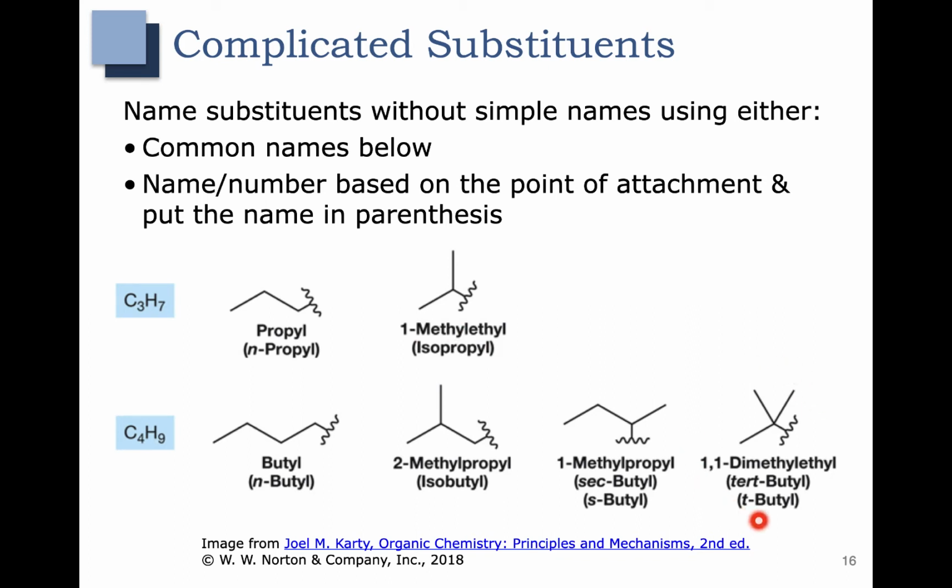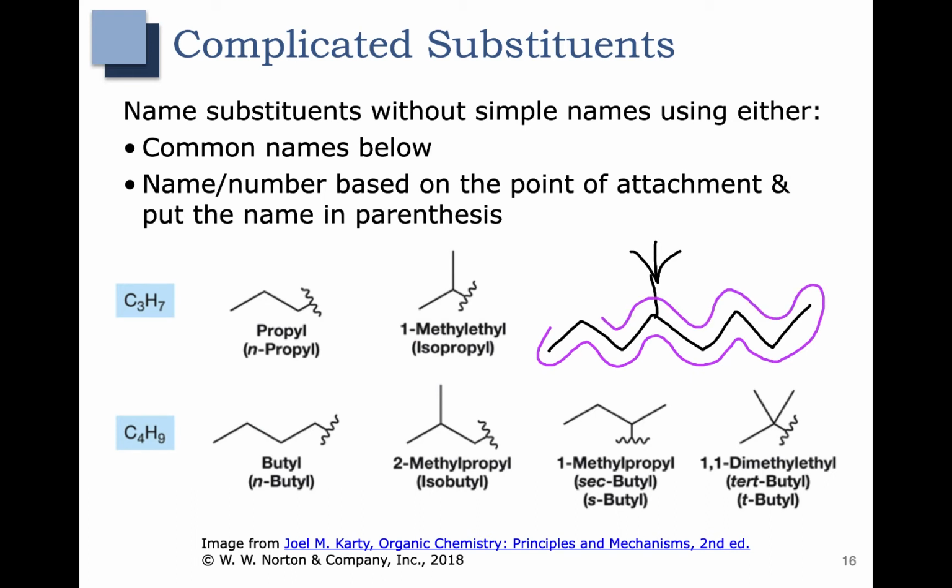Let's do a quick example with the t-butyl group. In this example, our parent chain is here, and we have this complicated substituent attached at position 1, 2, 3, 4.